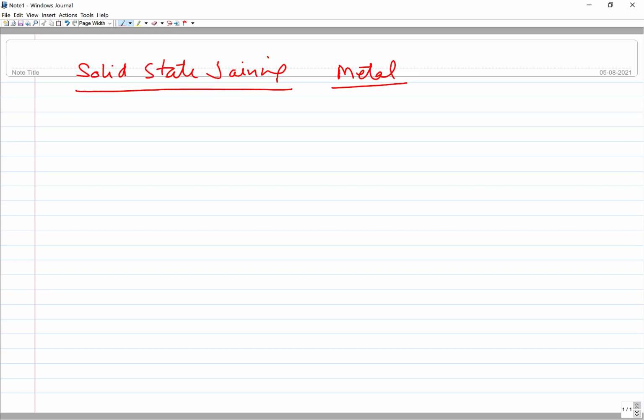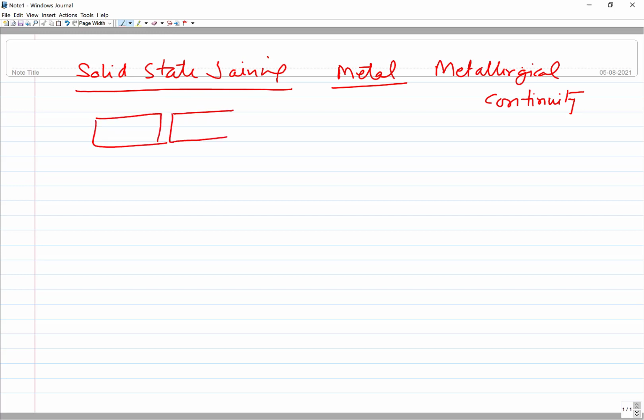For joining of metals, the most important thing is the metallurgical continuity. If there are two components to be joined, there has to be a continuity of the metal from A to A if the same type, and this continuity should exist metallurgically.